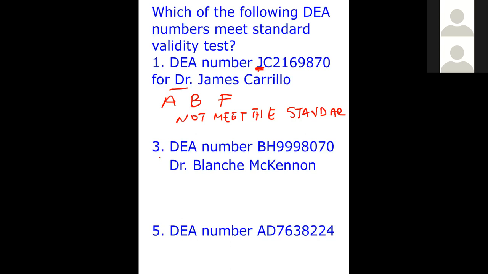So we know that again, our first letter has to be A, B, or F. So we have a B, so that checks off. Now the second letter is an H. So that should be the first letter of the last name. And in this case, McKinnon is his last name. So that should be an M instead of an H. So again, this one does not meet the standard.